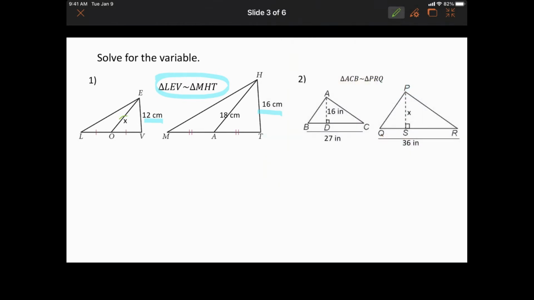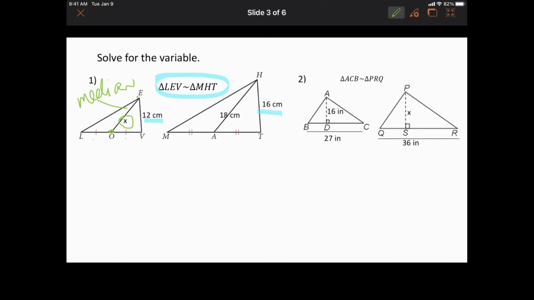It says x for the variable, so I must be looking for that. And I can see that this is a midpoint. This is equal to that. So this line must be a median, which connects the midpoint of one side to the opposite vertex.